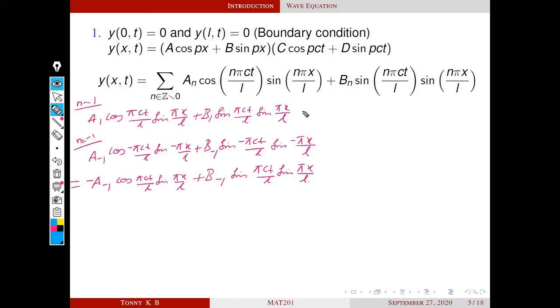Next we compare these two terms. This corresponds to n equal to 1, this corresponds to n equal to minus 1. These two terms are the same, right? Similarly, these two terms are the same. You can add the terms corresponding to n equal to 1 and n equal to minus 1.